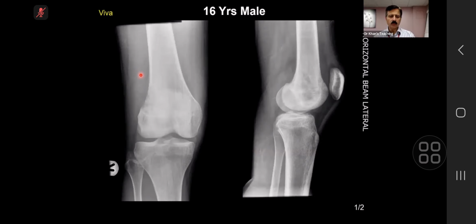The appearances overall are aggressive, and in this location, the distal femur, my differential is between, most likely a Ewing sarcoma in this age group location with a large soft tissue component, but an osteosarcoma is also a possibility. Right. So, eccentric metaphyseal, what comes to your mind, number one?